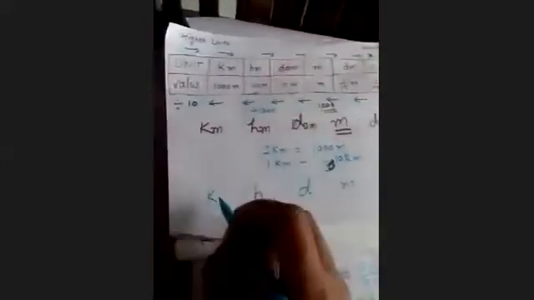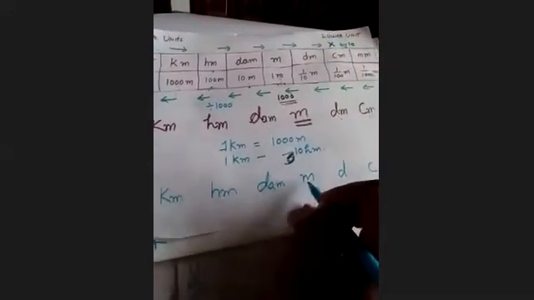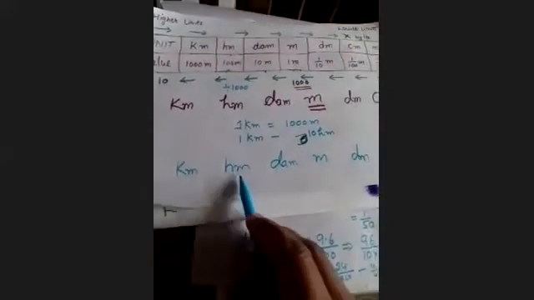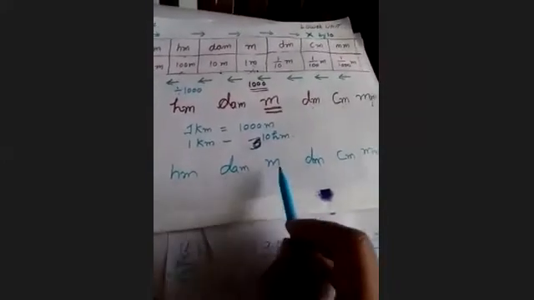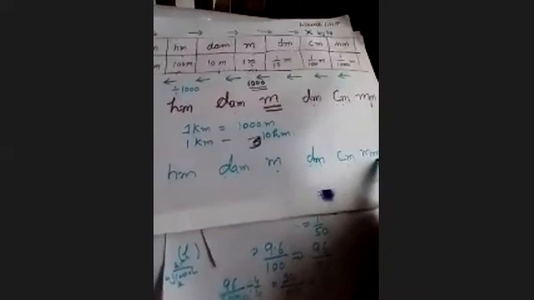Now write M, M, here D, A, M as it is, M, M, and M. Now our sequence is ready: kilometer, hectometer, decameter, meter, decimeter, centimeter, and millimeter.